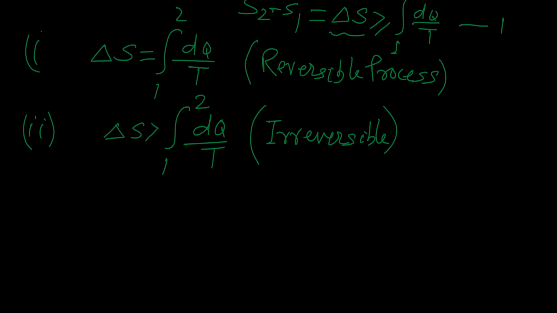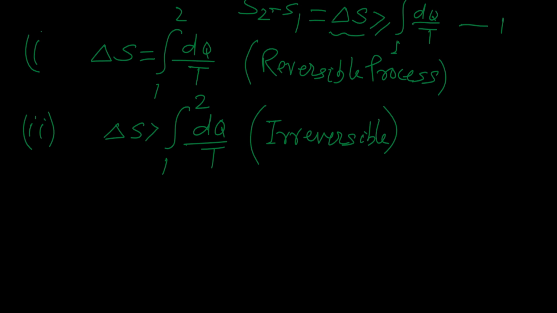And if we do not know either S1 or S2, in that condition, this equation will furnish a tool to calculate the change in entropy. So you may say we can find entropy or change in entropy from this inequality.